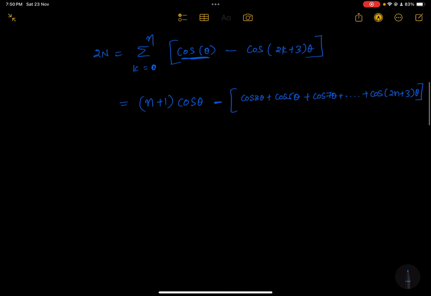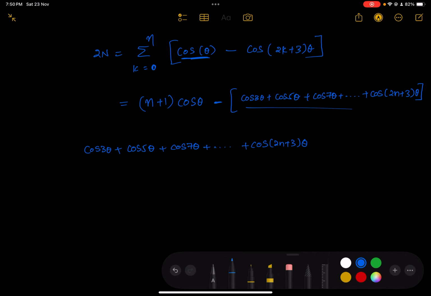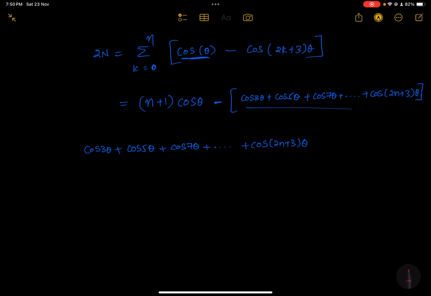Now let us compute this: cos 3 theta plus cos 5 theta plus cos 7 theta plus and so on up to cos (2n plus 3) theta. Now comes the most key trigonometric manipulation in this question. Divide this whole thing by 2 sine theta and multiply this whole thing by 2 sine theta.